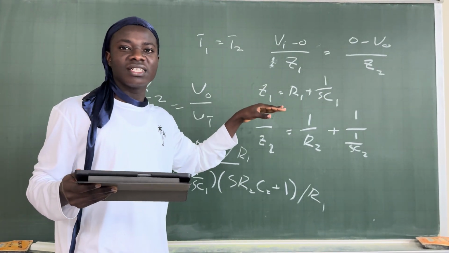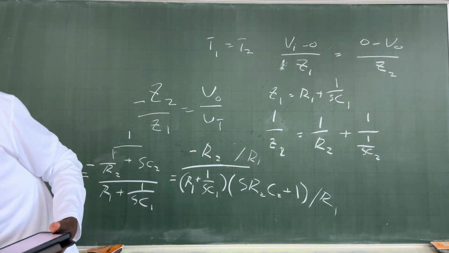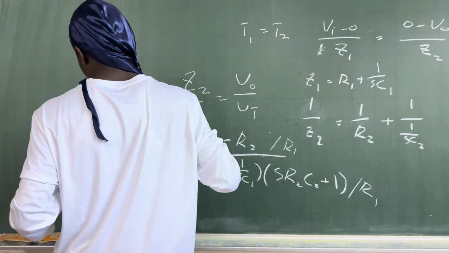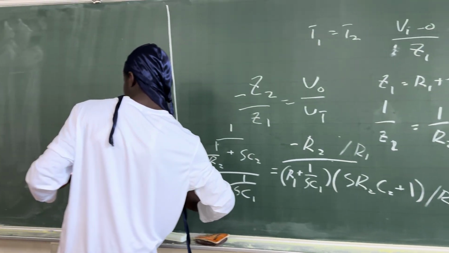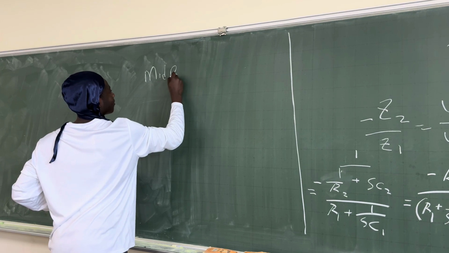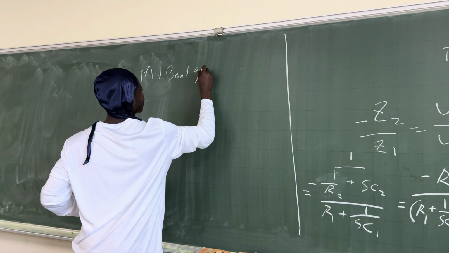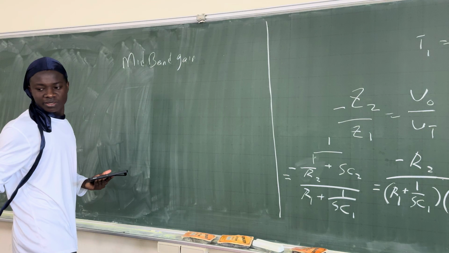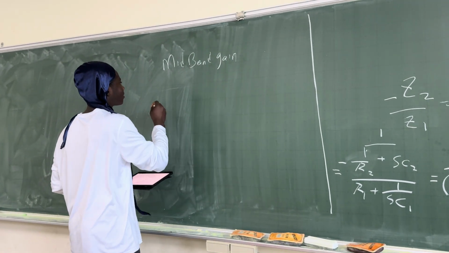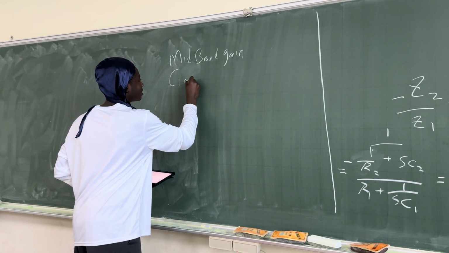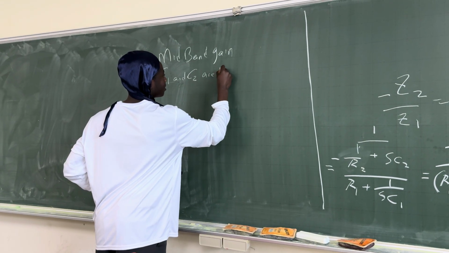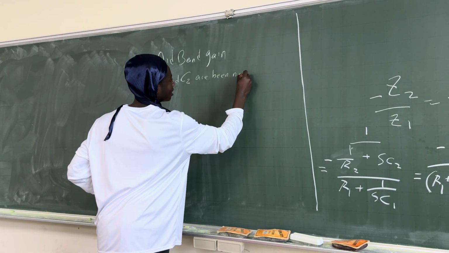the lower frequency and the upper frequency. First of all, the mid band gain. In this principle, we need to neglect capacitor 1 and capacitor 2, they are being negligible.